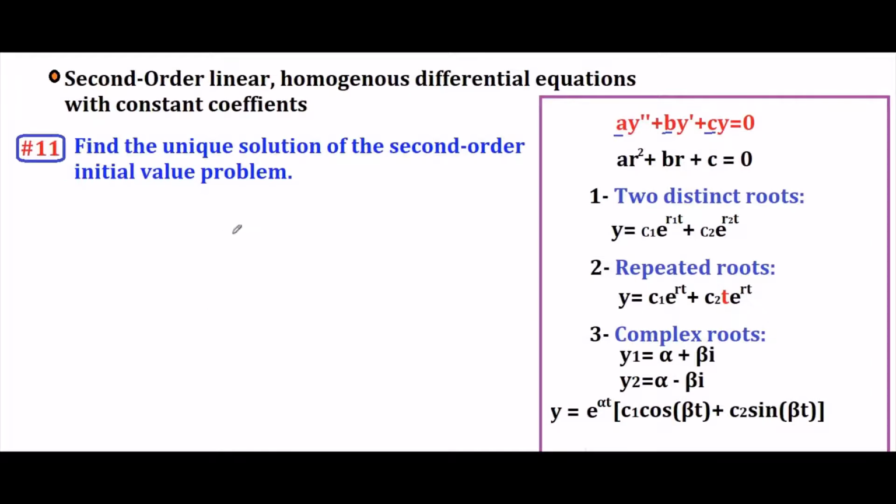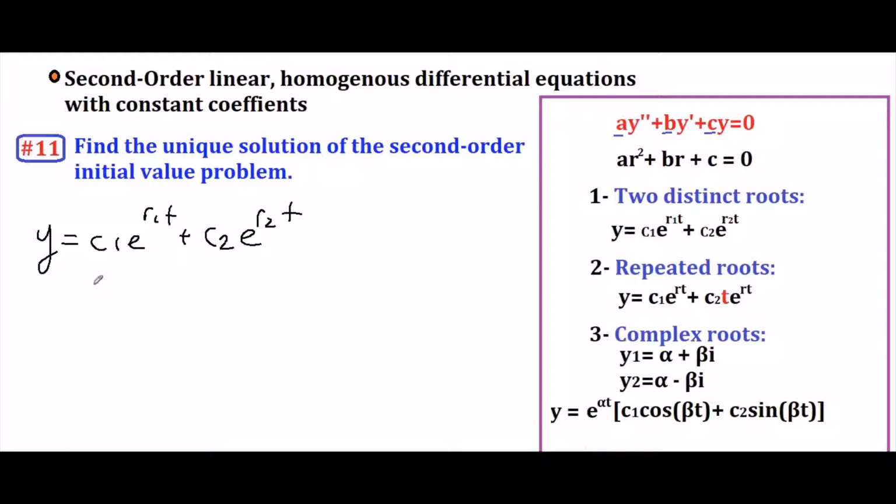In these kinds of problems, we also need the derivative of the general solution. So let's derive the derivative of each of the two distinct roots, repeated roots and complex roots general solutions, and then start solving this batch. Our y is equal to c1 e to the r1t plus c2 e to the r2t.